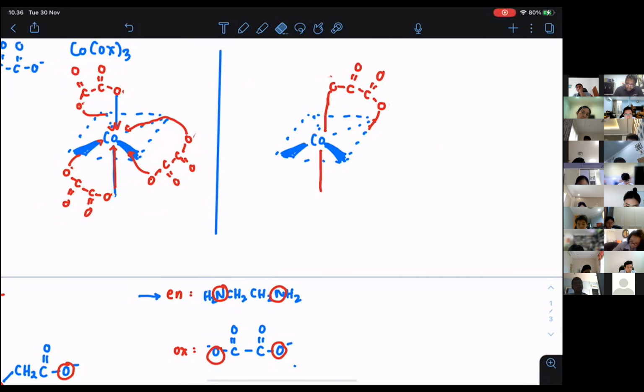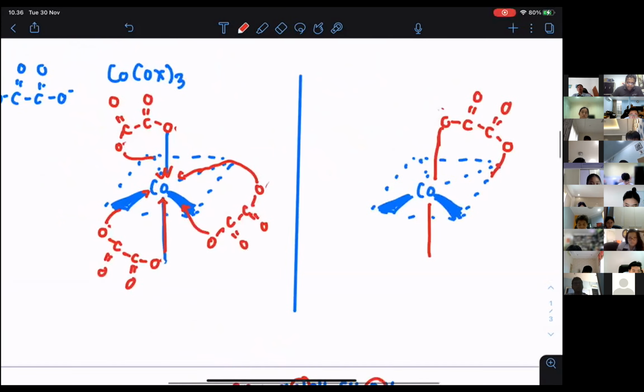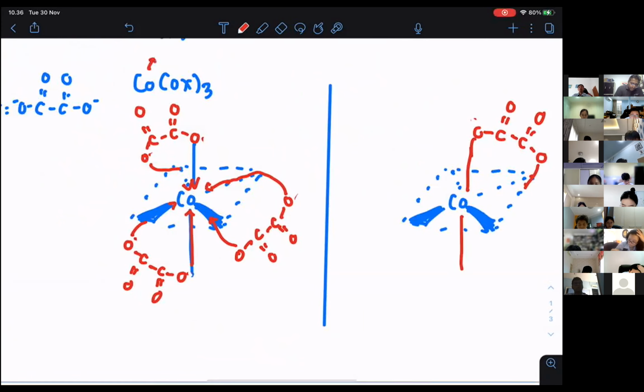I put over here, assuming this is cobalt 2 plus. So 2 plus, OX is going to be 2 minus, so 3, so minus 6. This is going to be 2 plus negative 6, which is negative 4. So assuming the charge is 4 minus.